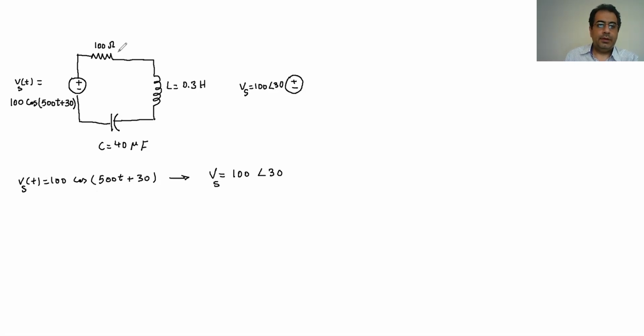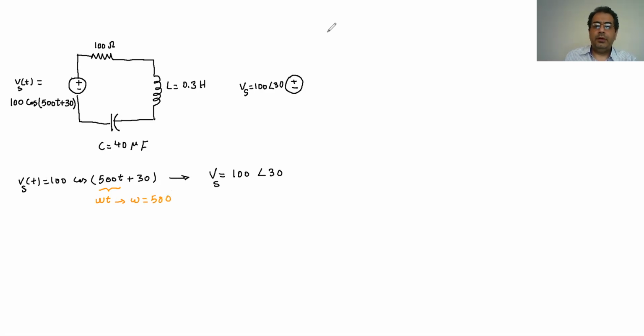Now I have to rewrite the resistance, inductance, and capacitance as impedance. The very first thing I need is the omega. Look here, I have 500t, so this is the omega t. Therefore, the omega is 500.